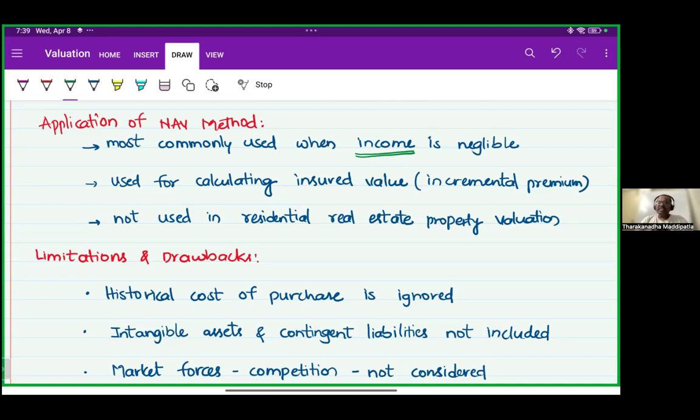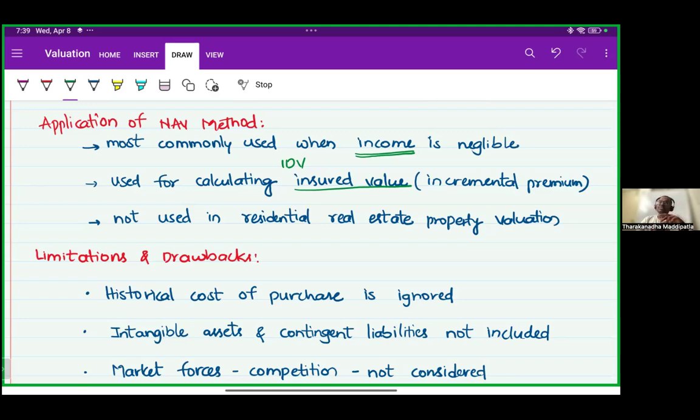This net assets method is used to calculate the insured value, also called IDV, in an insurance policy. The IDV refers to the amount of insurance claim that can be given by the insurance company to the insured. So we have a machinery in our premises. If that machinery was purchased at 75 lakhs in 2012, and as of today in the books of accounts its carrying cost is only 8 lakhs, which means depreciation has been provided to 90%.